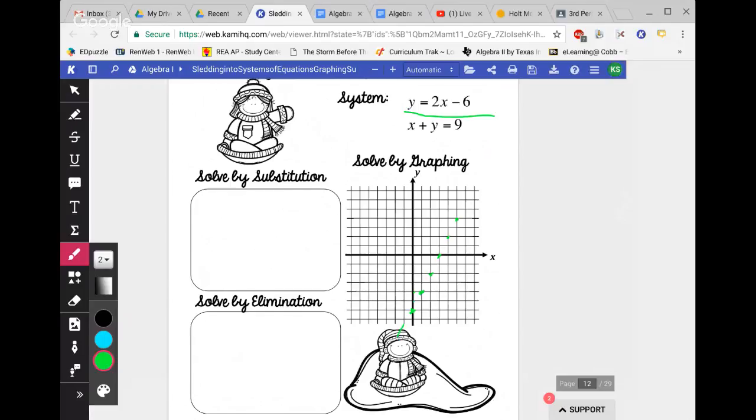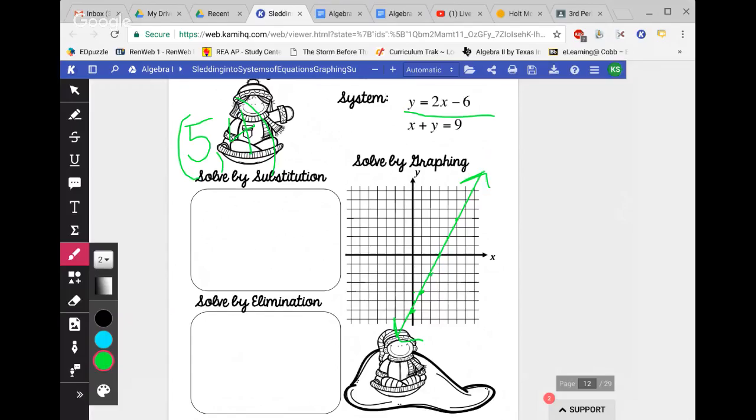And as I was doing these, Lily, in the back of my mind, I was remembering that the ordered pair that I'm looking for is 5, 4, which I forgot to write up there. So I kind of want to head in that direction with my line to make sure that I get that point plotted with this line. Does that make sense? So I was headed toward 5, 4.